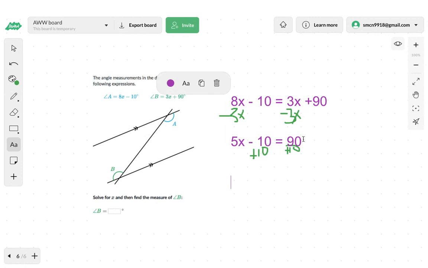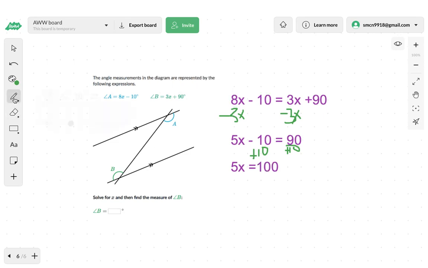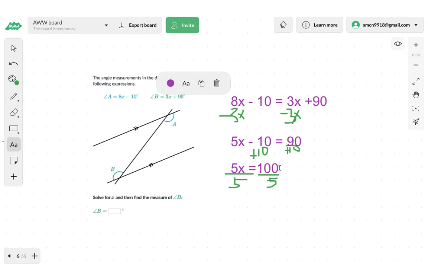Let's bring this down. 5x equals 90 plus 10 gives you 100. And your last step is you're going to divide to get the variable alone. And when you plug this into your calculator, you should get that x equals 20. Okay, 100 divided by 5 gives you 20. Awesome.